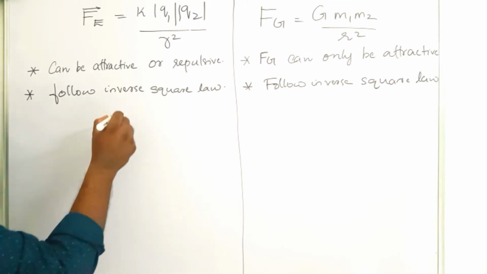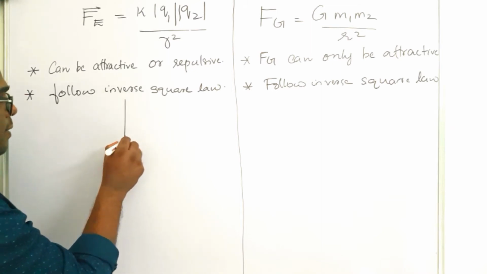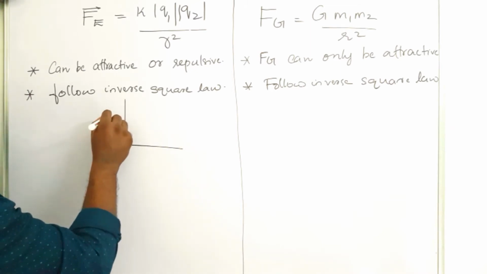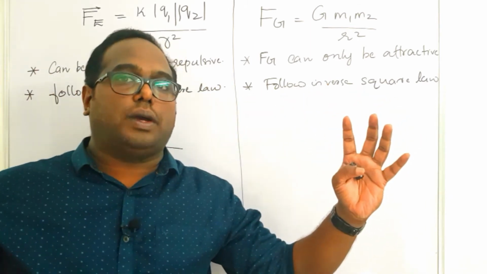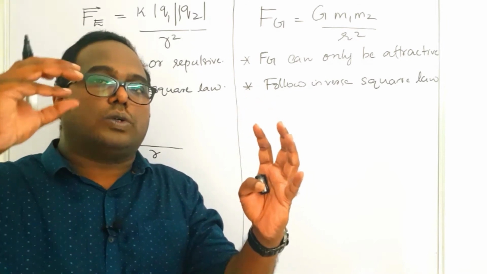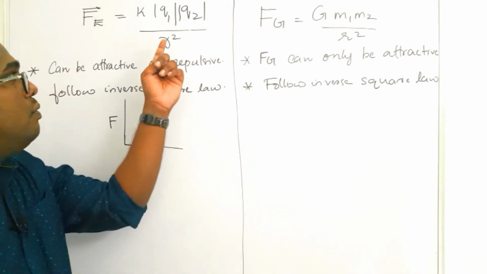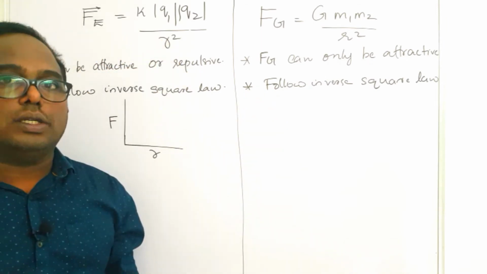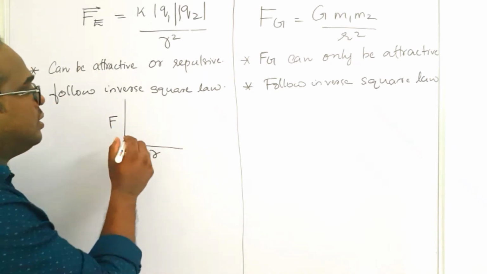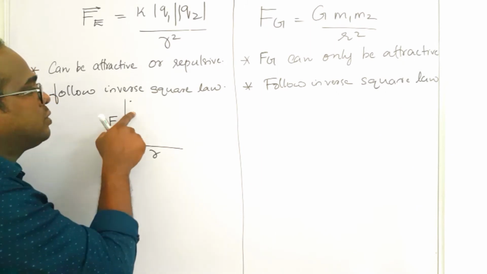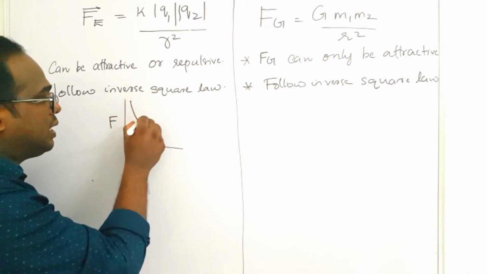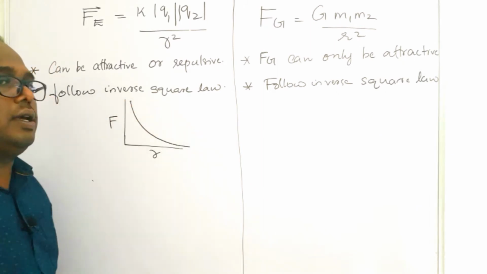Inverse square law means if you draw the graph of force and distance, when the distance increases, the force of attraction reduces, right? But it is inversely proportional to the square, so it decreases rapidly. If the distance is less, the force has its maximum value. When the distance increases, it decreases rapidly.